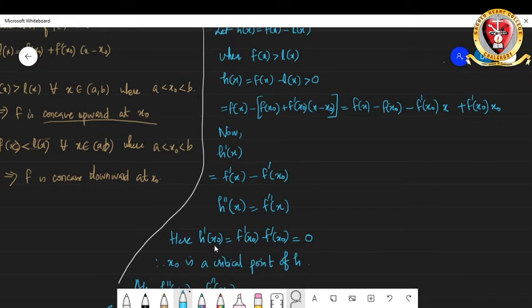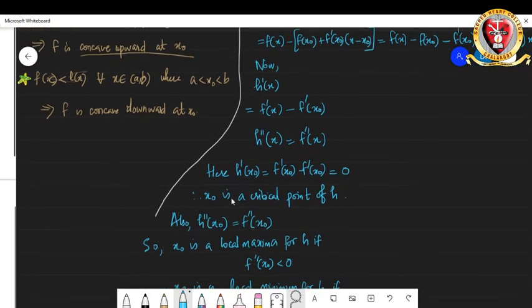Why? Because h dash of x naught, when you substitute x naught here, will be equal to f dash of x naught minus f dash of x naught, which is equal to 0. That means x naught is a critical point of the function we defined, h. Also, h double dash of x naught is equal to f double dash of x naught, right?